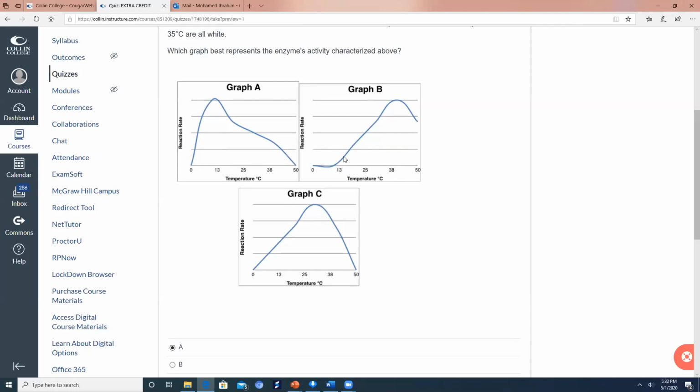Same deal here with a different enzyme: maximum activity is observed around 40 degrees, so 40 degrees is the optimum. In this other case, it's roughly around 30 degrees.